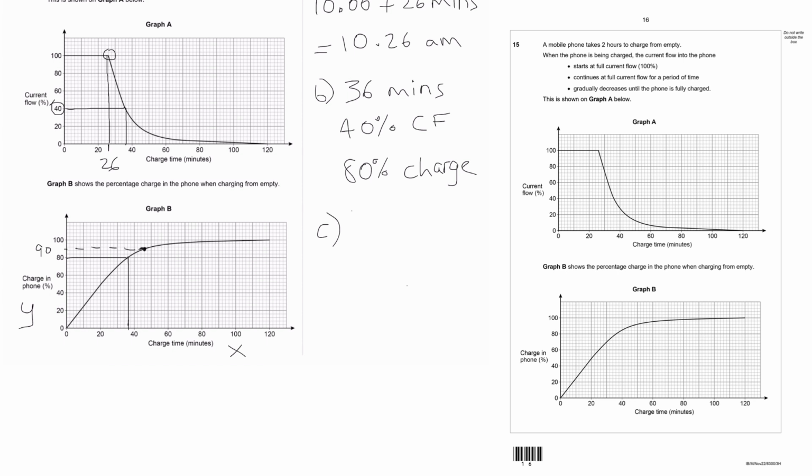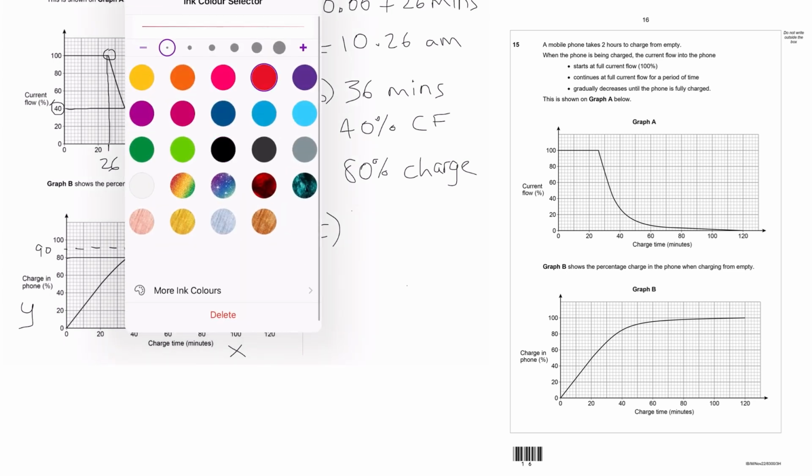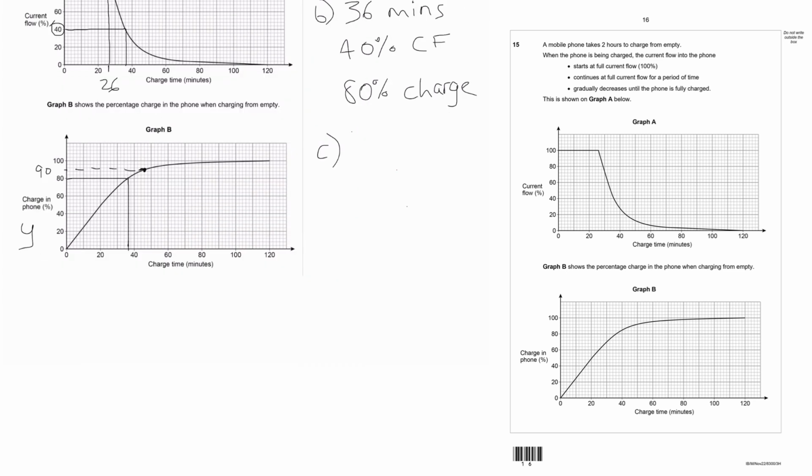So if we took the gradient here, it would give us y over x, which is charge in phone percentage over charge time in minutes. So it might be easier if I choose a different color here. So what I'm going to try and do here is draw a line that's tangent to this point. And in fact, I'll just get rid of these other lines just to make it a bit clearer.